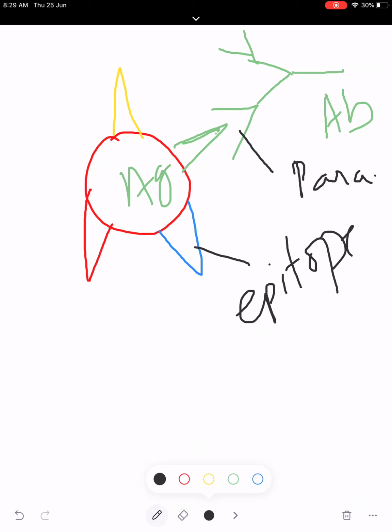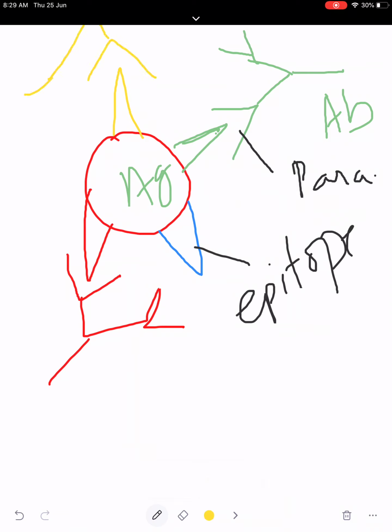For example, it can also bind with an antibody having this specificity. It can also bind with another antibody having this specificity, because the epitopes on it are different. And at the same time, a single antibody can bind here too.